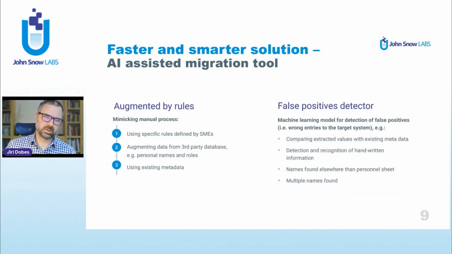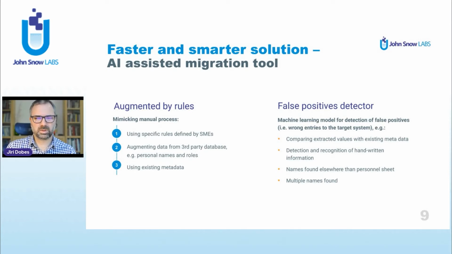Let me now explain the high-level features, and then I will come back to those features in a later part of the talk. There are specific rules. The rules are specified by a subject matter expert.